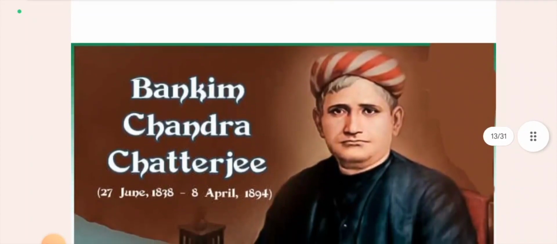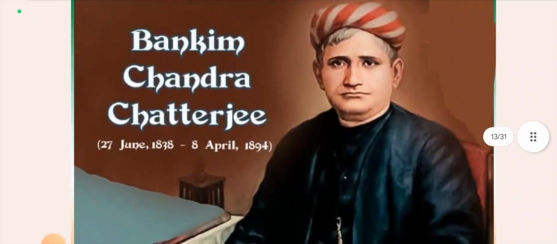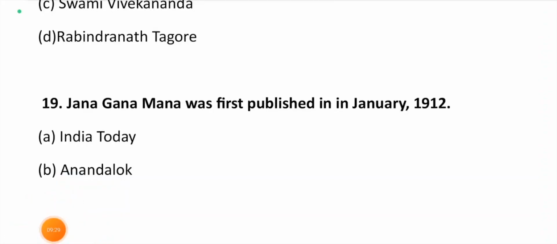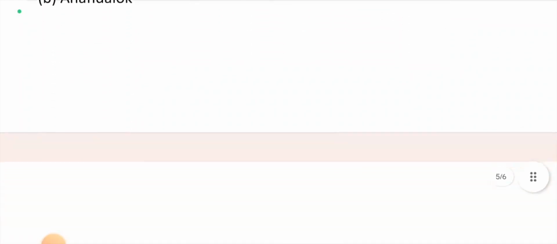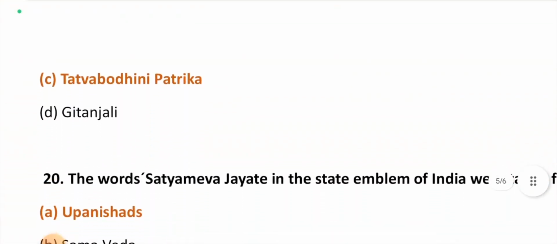Bankim Chandra Chatterjee composed the national song Vande Mataram. Jana Gana Mana was first published in January 1912. In which magazine? Tattva Bodhini Patrika. So Jana Gana Mana was first published in 1912 in Tattva Bodhini Patrika.